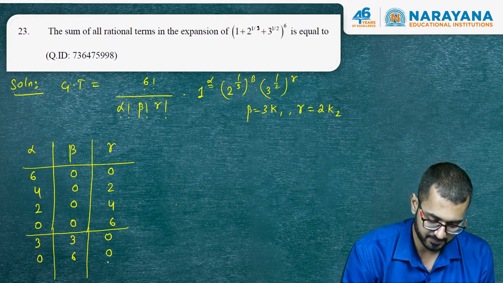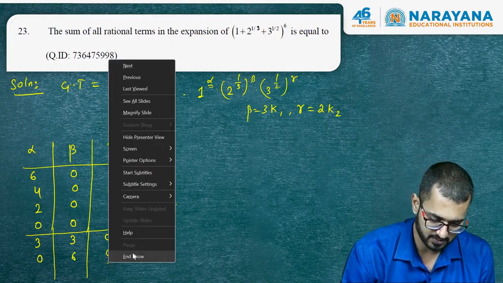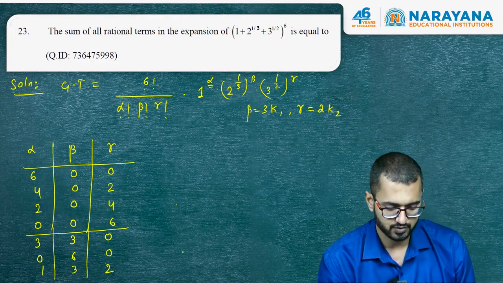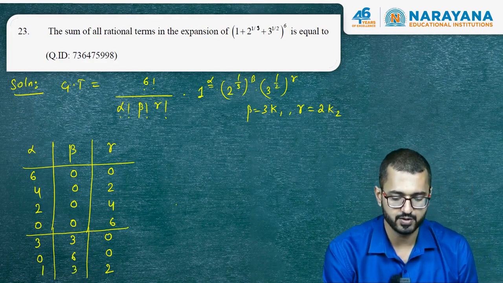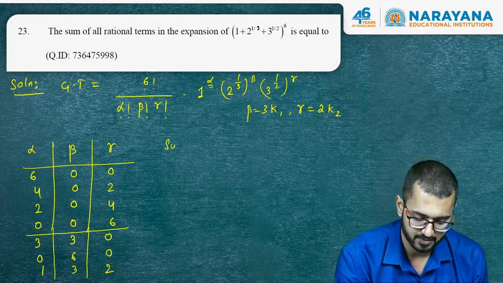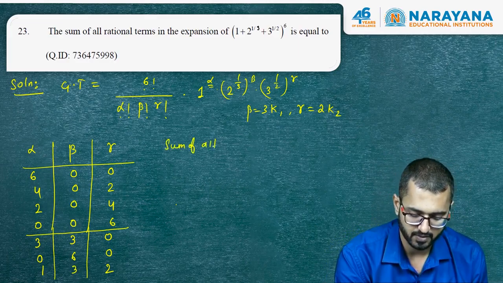So we can take gamma as 2, this will be 3 and this will be 1. So these are the only possible cases where we are going to get the rational terms. Now we have to find the sum of all those rational terms. So sum of all rational terms we now have to find out.